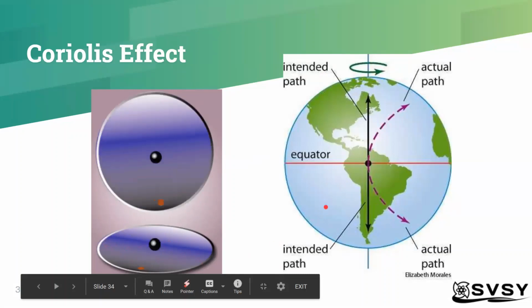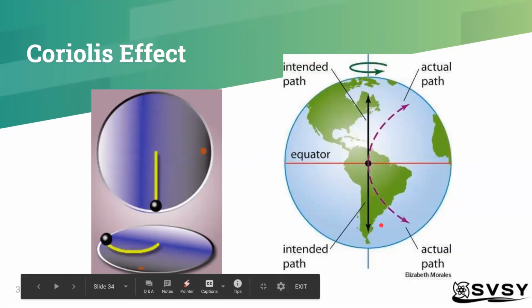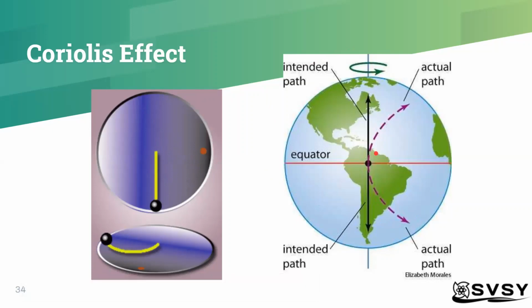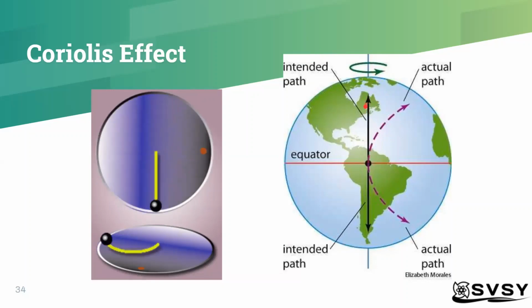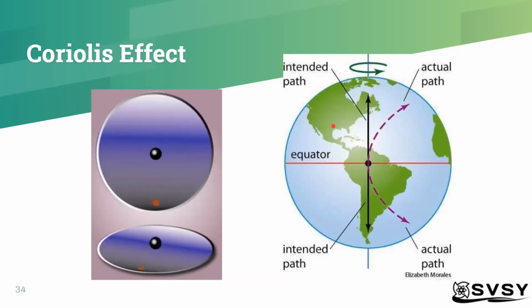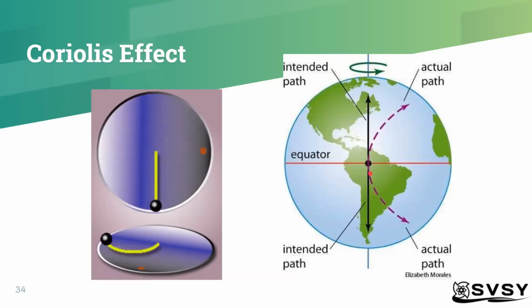That same thing happens with the Earth. The Earth rotates, so if the wind goes in this direction, it will go straight, but because the Earth is turning beneath it, if you look at it from the perspective of the continents and where they are, the wind looks like it is actually curving.